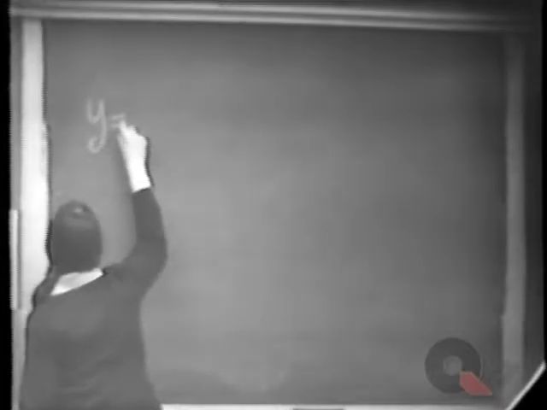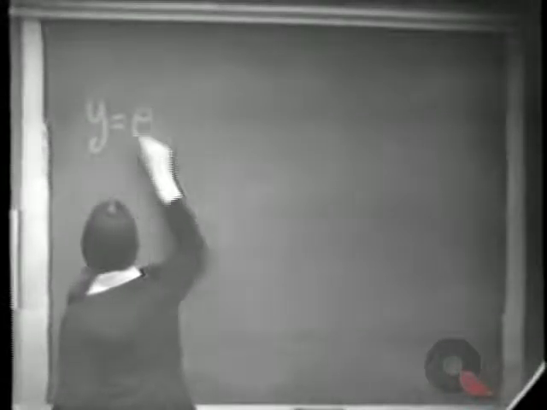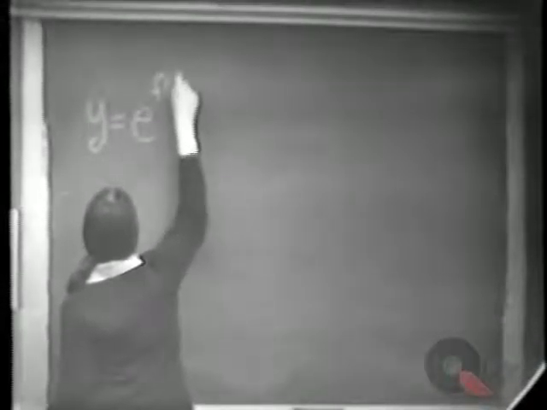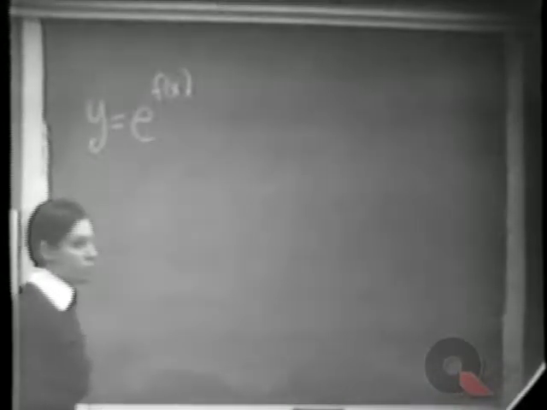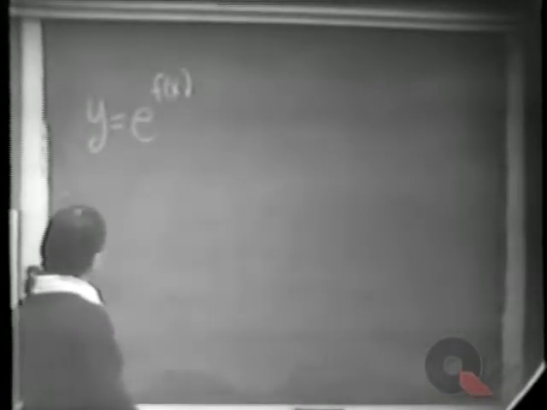The second differentiation formula that we'll need from Chapter 8 is the one for differentiating e to the f of x power, where f is a differentiable function of x.